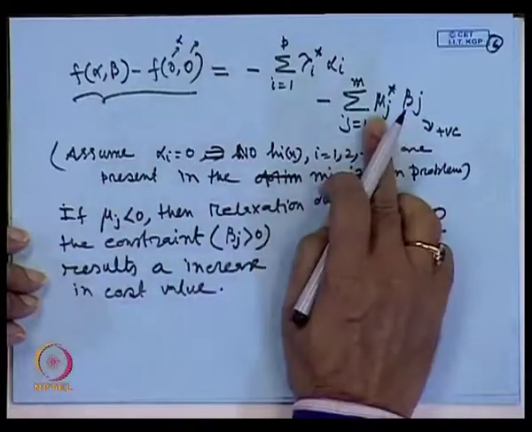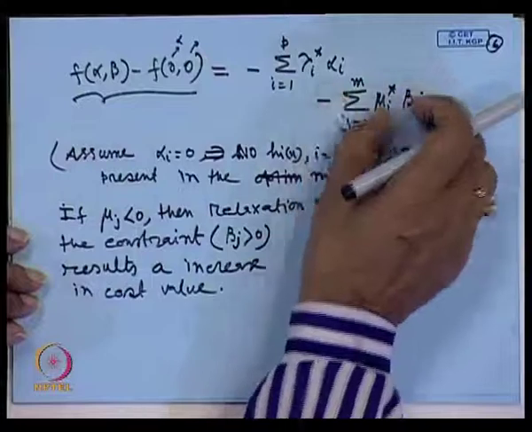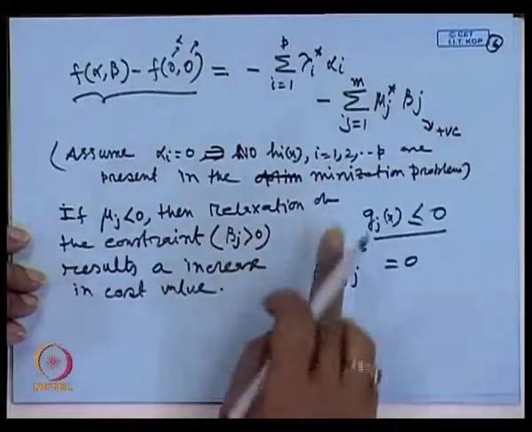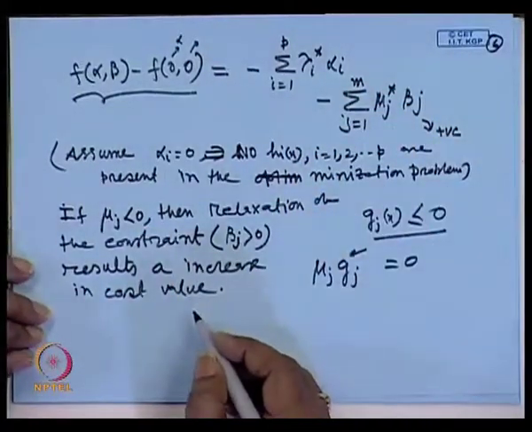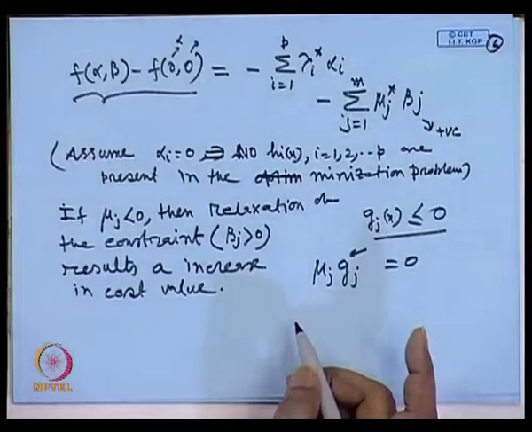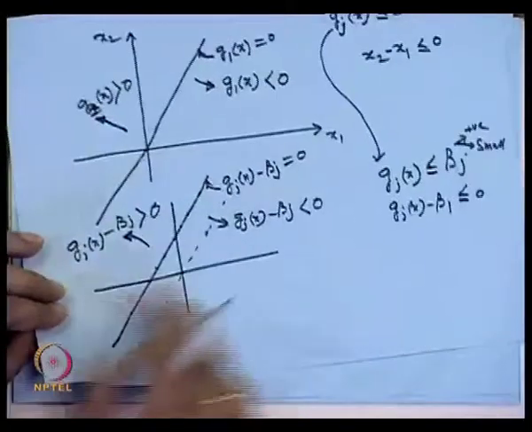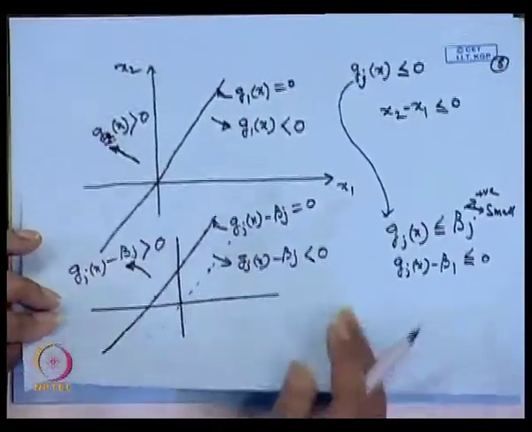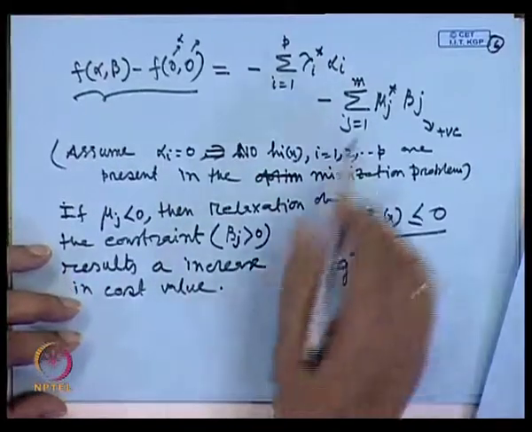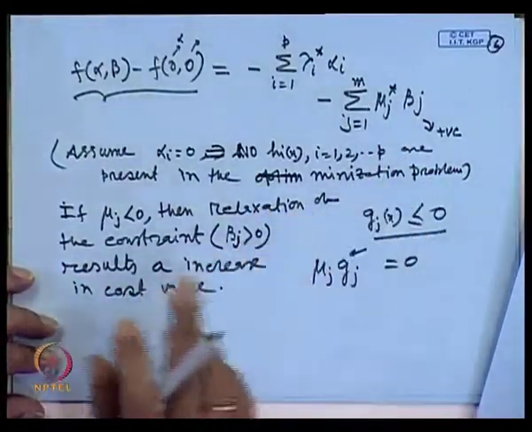So this is minus, minus, plus, an increase in value. So this contradicts our assumption when these constraints are relaxed. Okay, so this cannot happen. So the mu_j value must be positive.